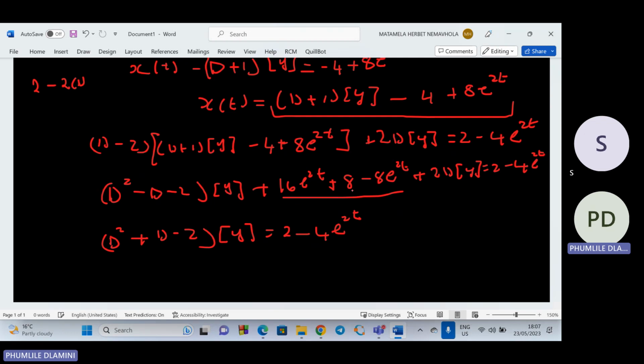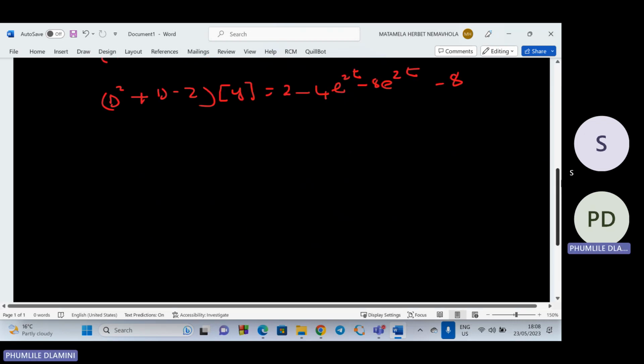Then 16 plus this one here is going to be 8, which is going to be minus 8e to the power 2t. This one is 8, it's going to go the other side, so it's going to be minus 8 again.